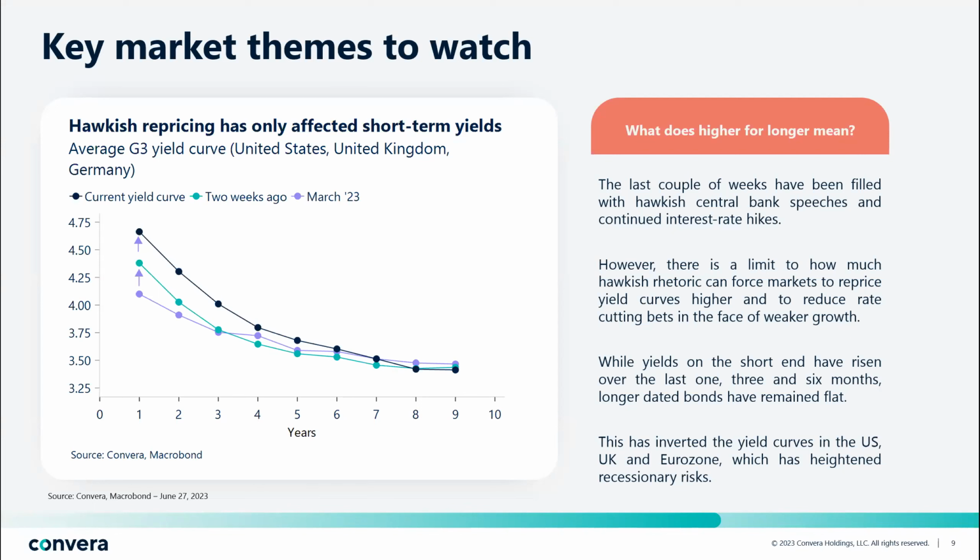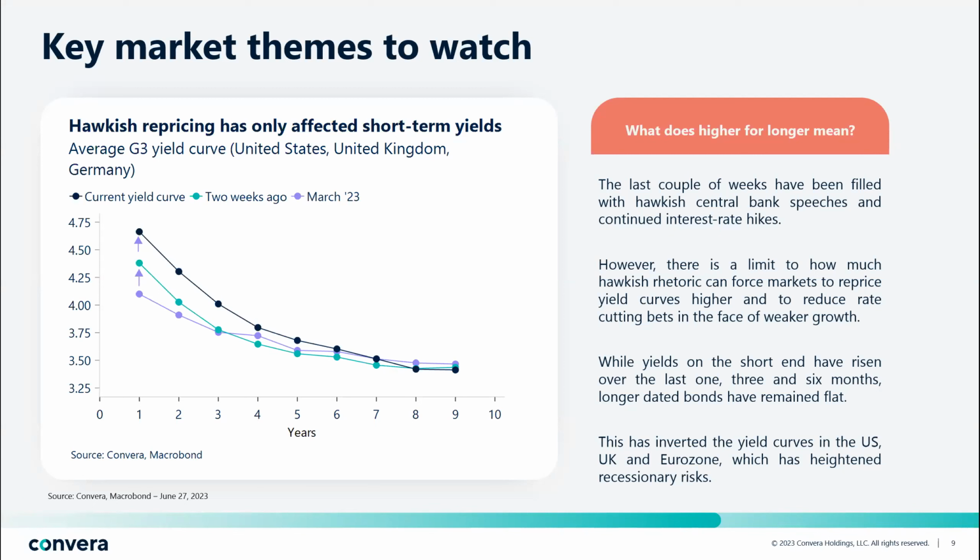And the repricing of rates at the short end that we can see here, let's say on the 1, 2, or 3 year basis on the government bond yields, has really been quite significant. If we just focus our attention on the 1 year government bond yield, it has risen from around 4.1% to 4.7% just in a time span of 4 months.